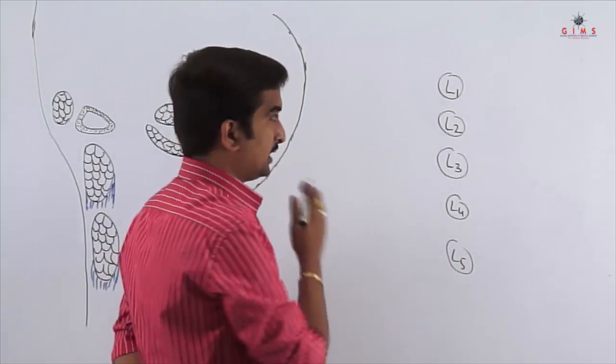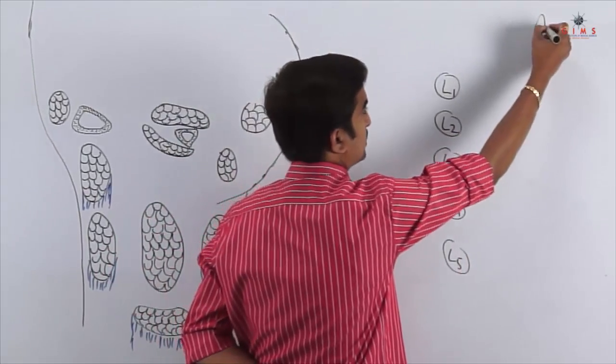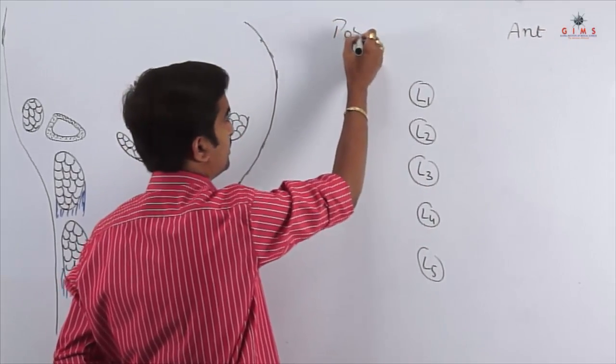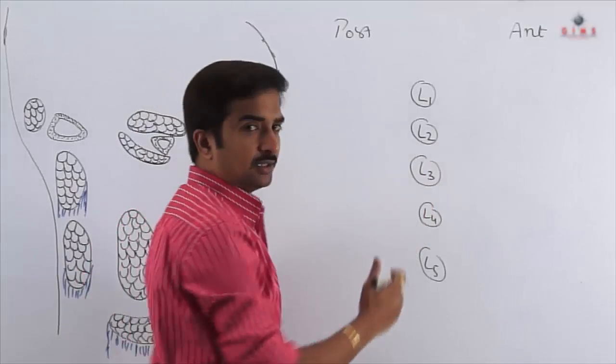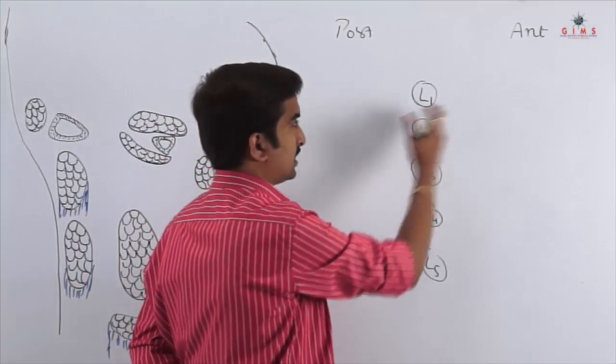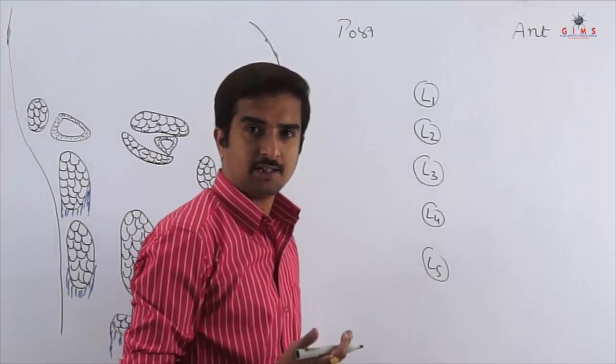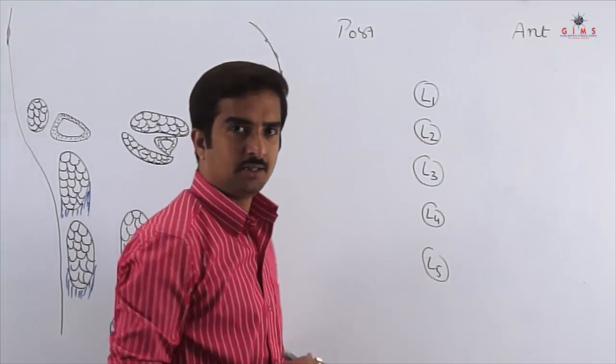This is the anterior division and this is the posterior division. All the nerves which arise towards the anterior are called the anterior division, and from here we can consider it the posterior division.